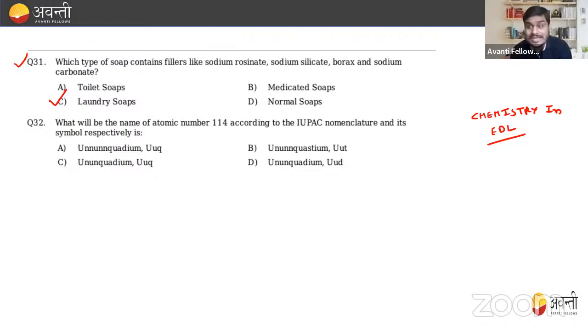Okay. Now, the next question: what will be the name of the atomic number 114 according to the IUPAC nomenclature, and its symbol respectively? So you have to write the IUPAC name as well as the symbol, right? We know from the periodic classification chapter how to write the IUPAC name when the atomic number is greater than 100.